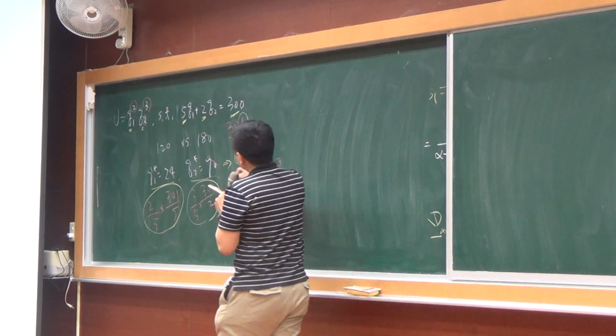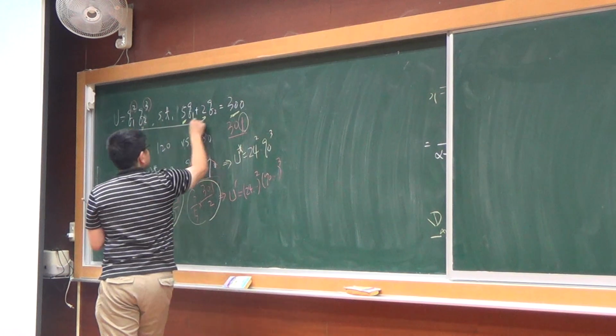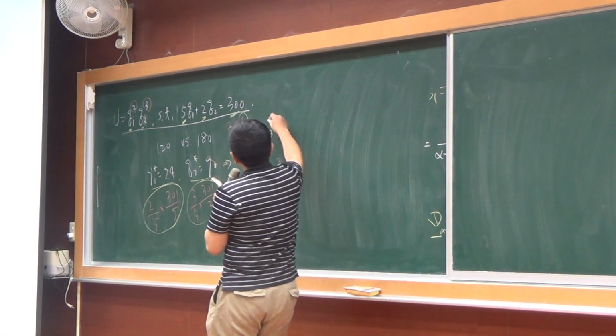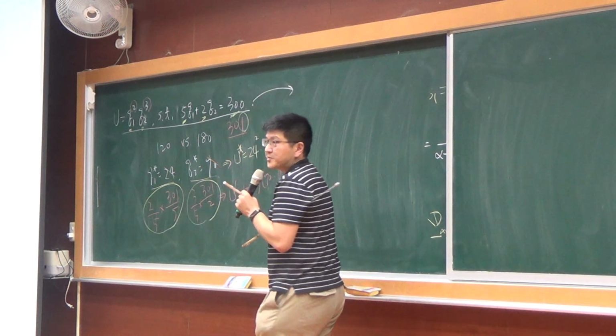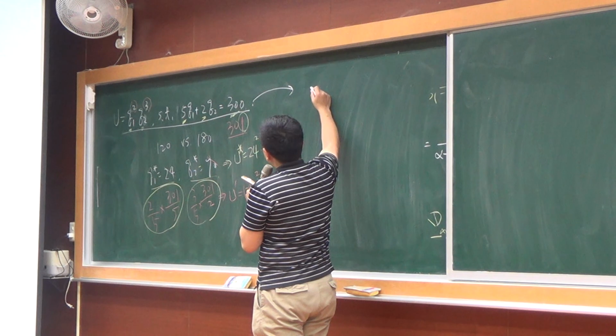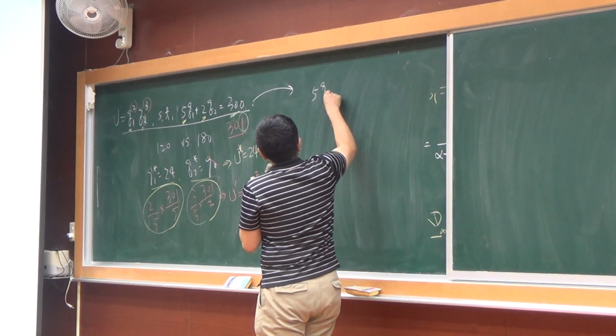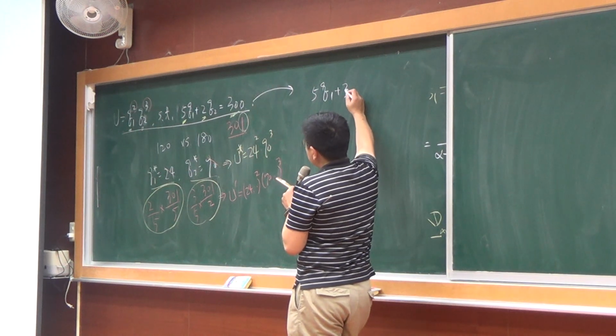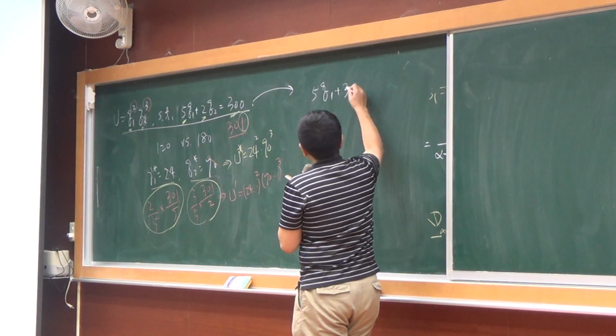Okay, now case number 2. Let's go back to the original one. And now case number 2. So let's make P2 from 2 to 3.